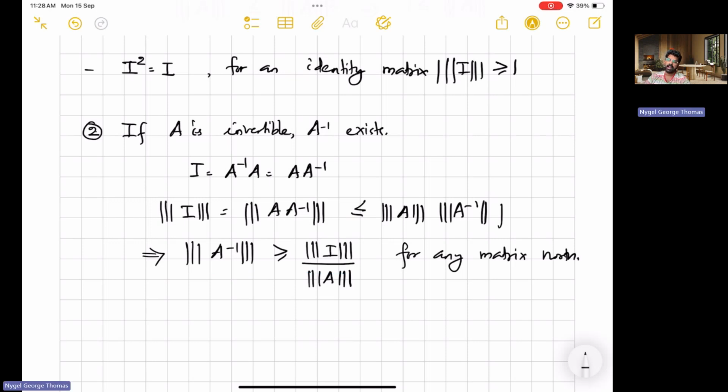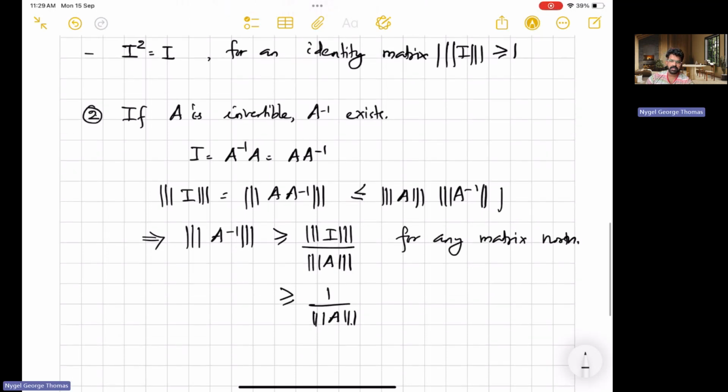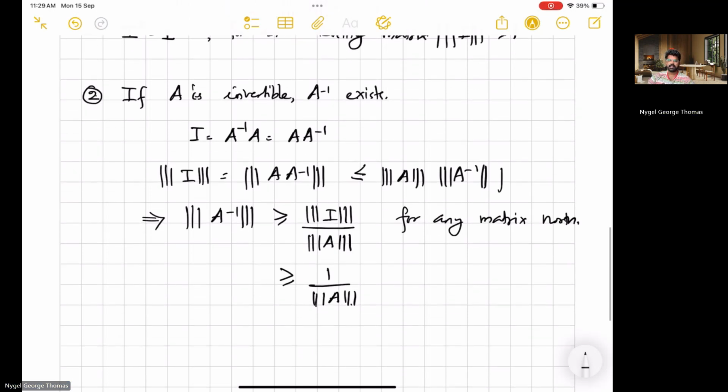So this is also greater than or equal to 1 divided by norm of A, a tighter bound, because the norm of the identity matrix is always greater than or equal to 1. This is another interesting result.